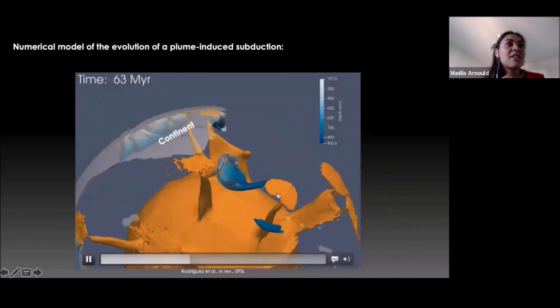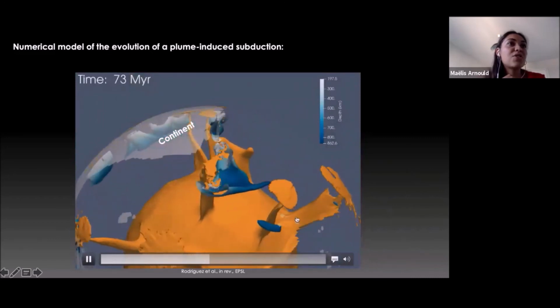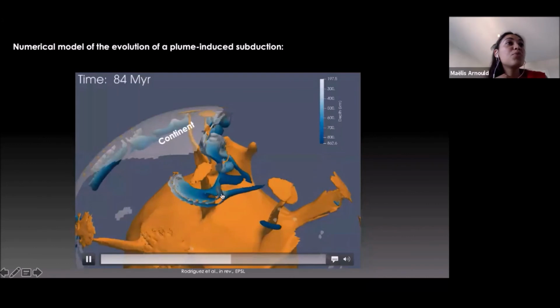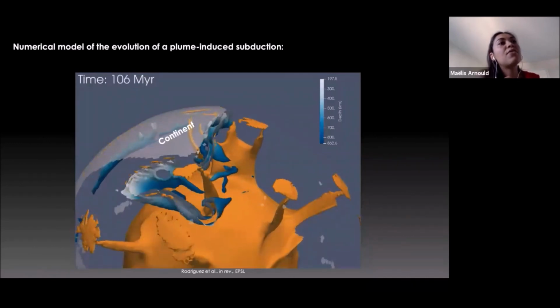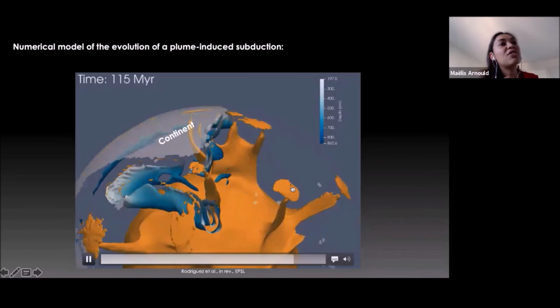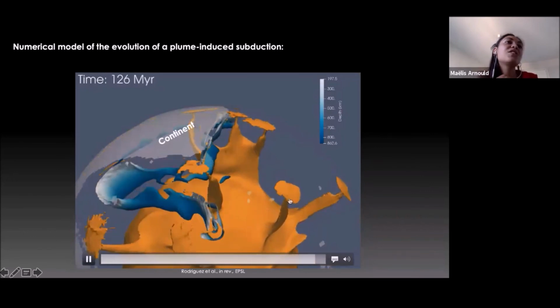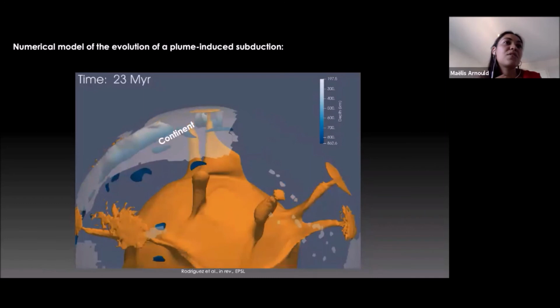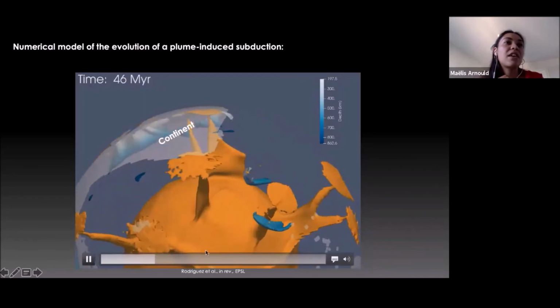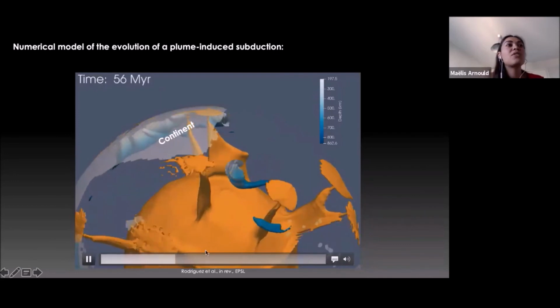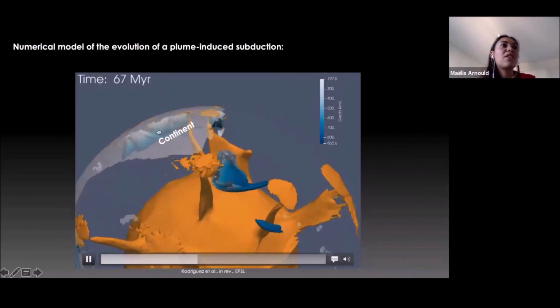Here you can see a mantle plume that has just arrived at the surface, and in blue you can see the slabs that are propagating from their initiation location, which was here. Here you can see it again, and you see the pieces of slab propagating towards the continents that are shaded here.